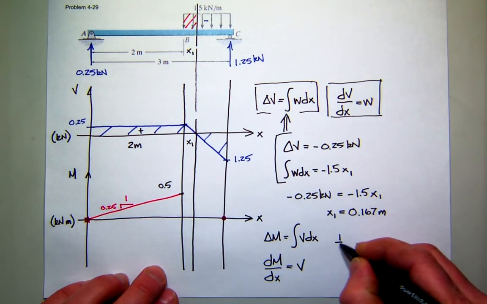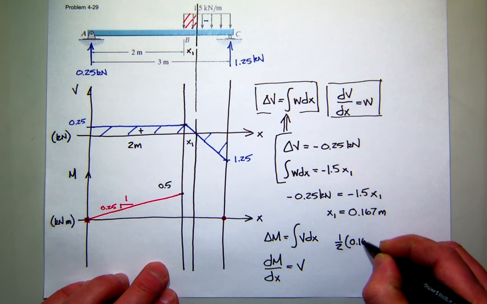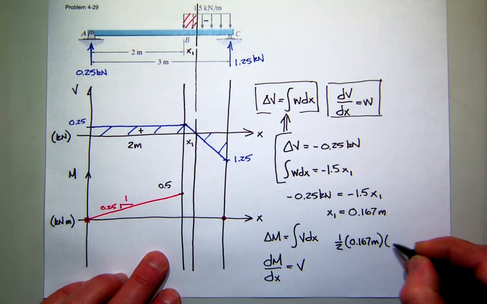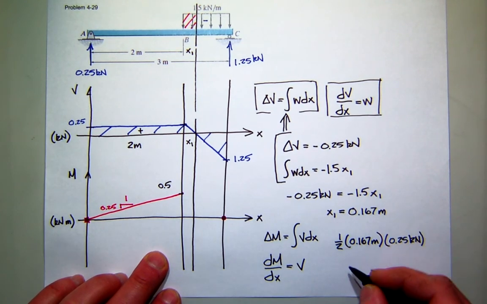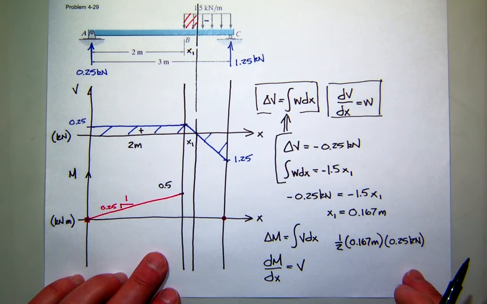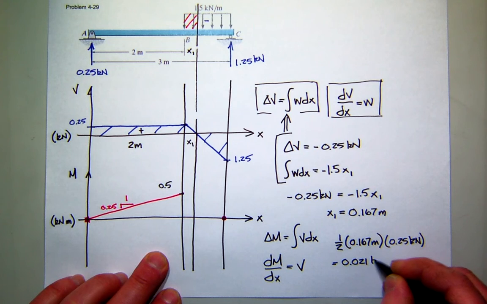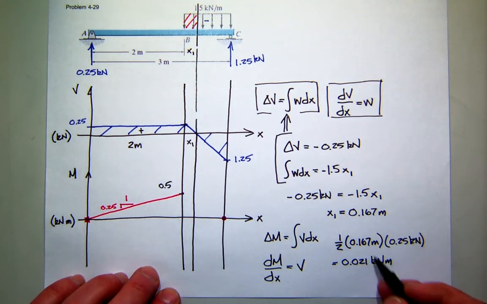Right, so 1/2 base, which is x, which is 0.167 meters, times the height, which is 0.25 kilonewtons. What's all that? 0.021 kilonewton meters. Everybody get that? Yes. So that's a positive area.